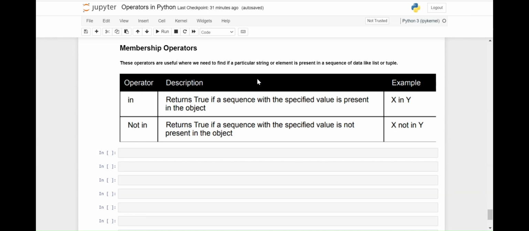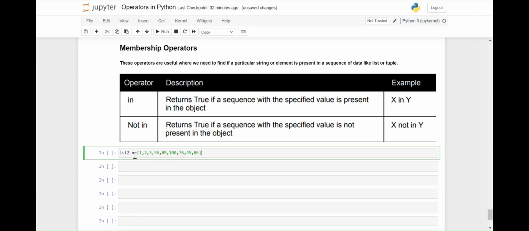So if we have to find whether a value exists in that sequence data, then we use the membership operator. So let's just see it. Okay, so let's create a list. I'm simply writing random integers.